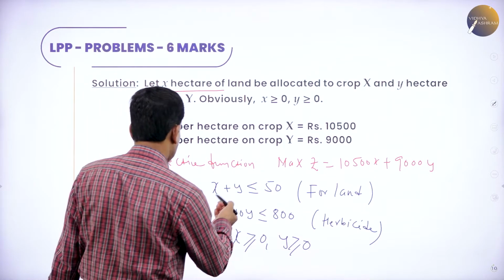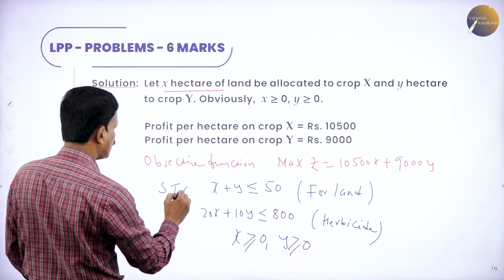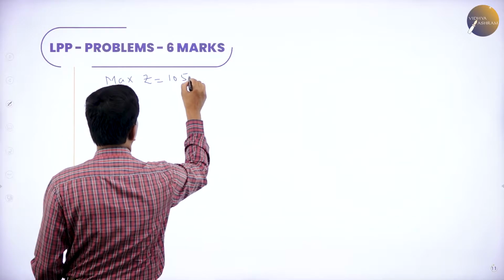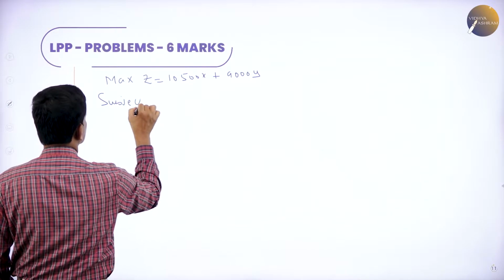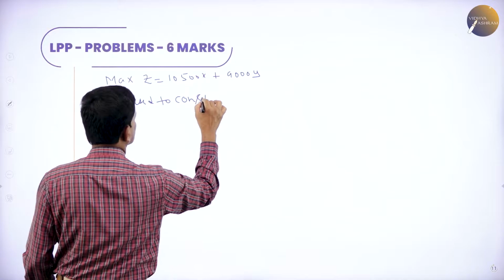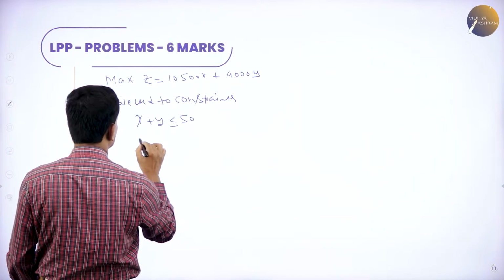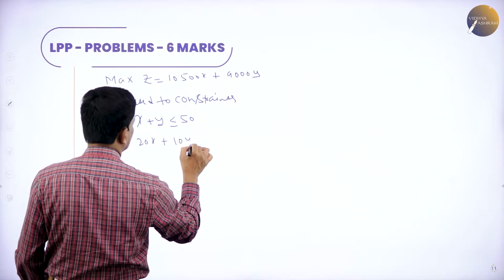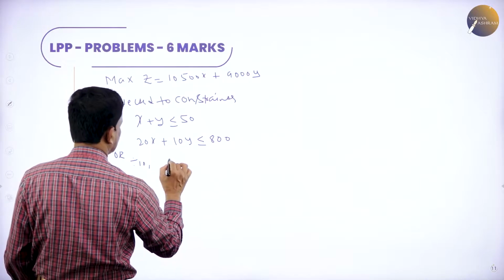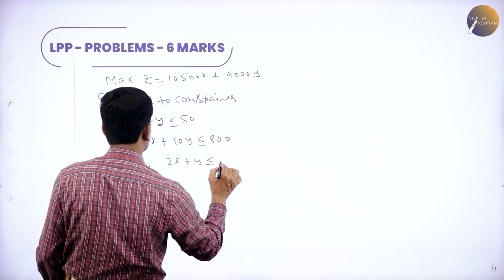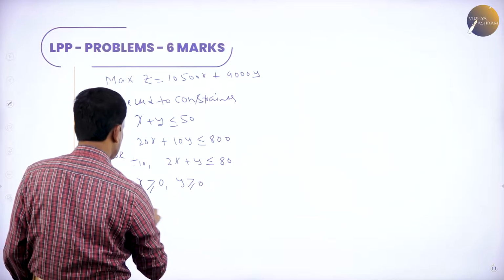Now, I will go to the next page. Maximize z is equal to 10,500x plus 9,000y, subjected to constraints: x plus y is less than or equal to 50, 20x plus 10y is less than or equal to 800, or if you divide by 10, 2x plus y is less than or equal to 80, and the non-negative restrictions x is greater than or equal to 0 and y is greater than or equal to 0.